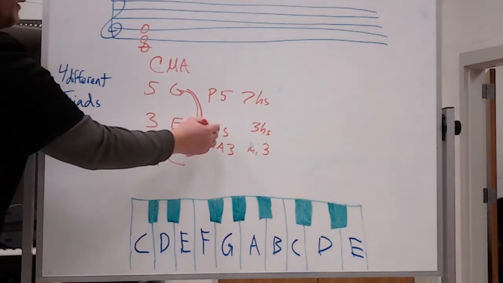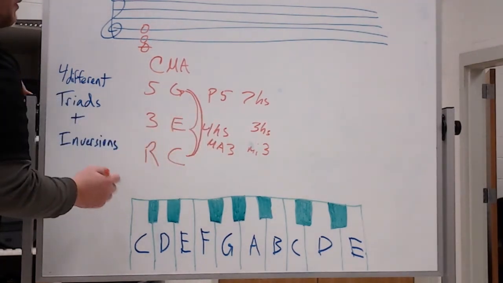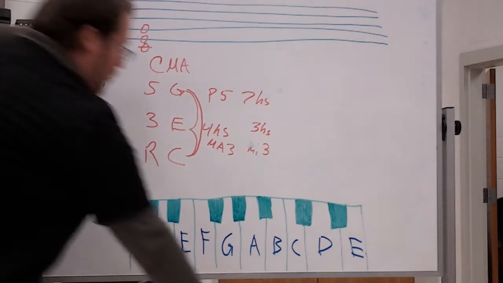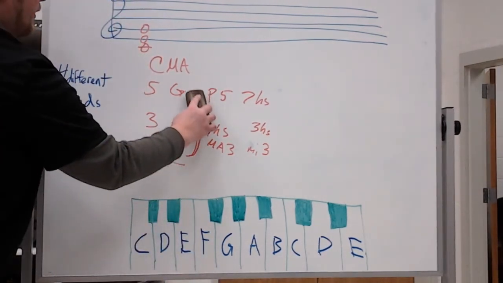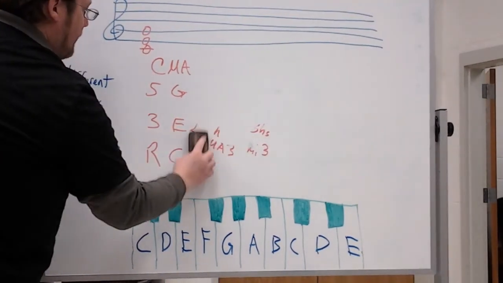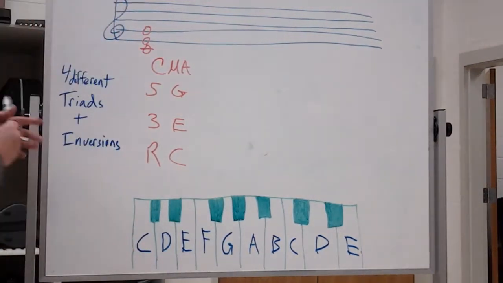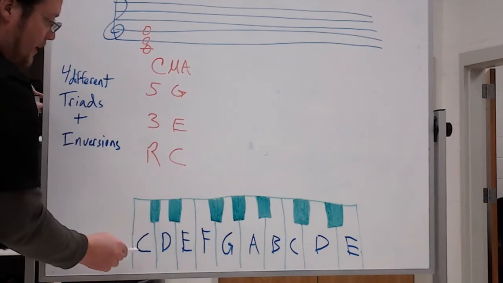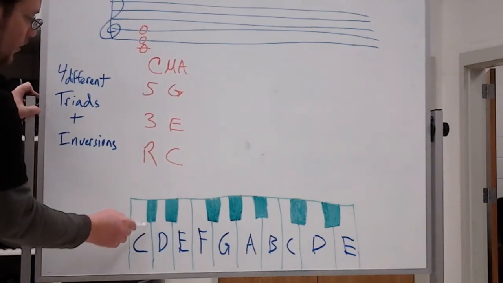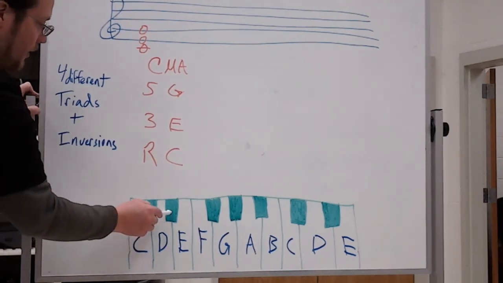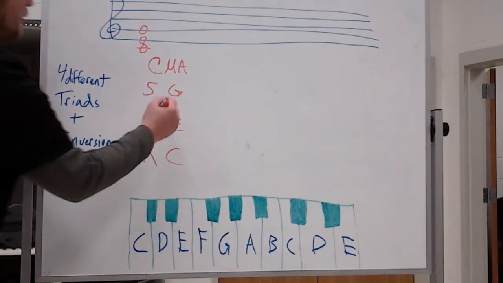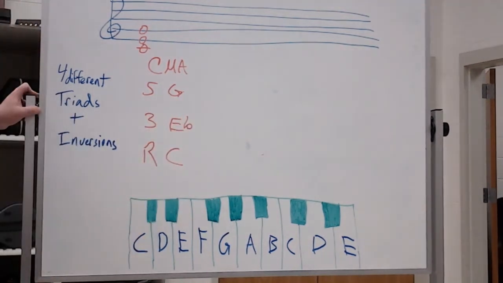How we do that is by taking away one of the 4 half steps from the major third. Instead of 4 half steps to E, we're going to go 1, 2, 3 half steps to E flat.